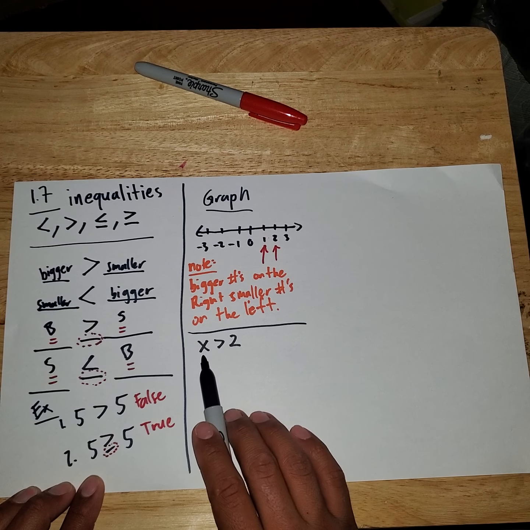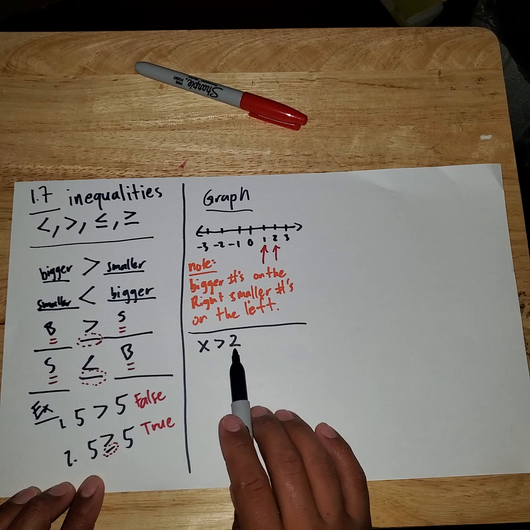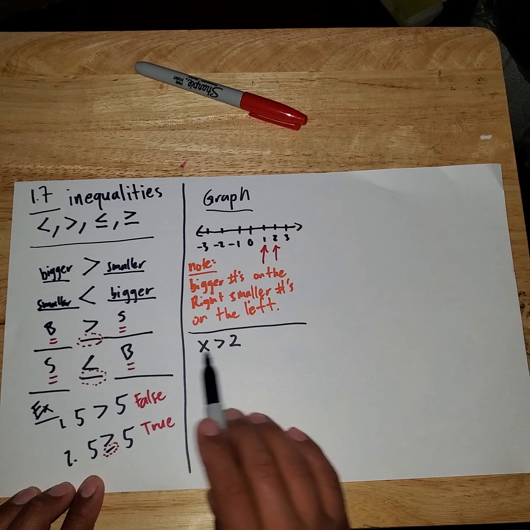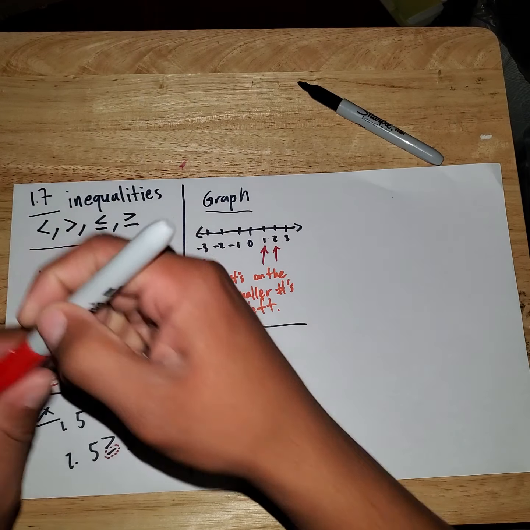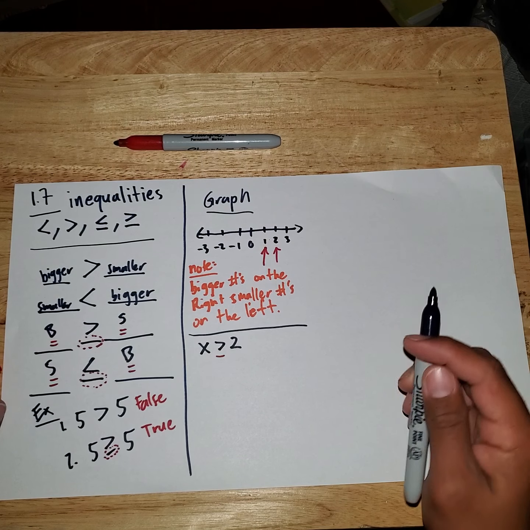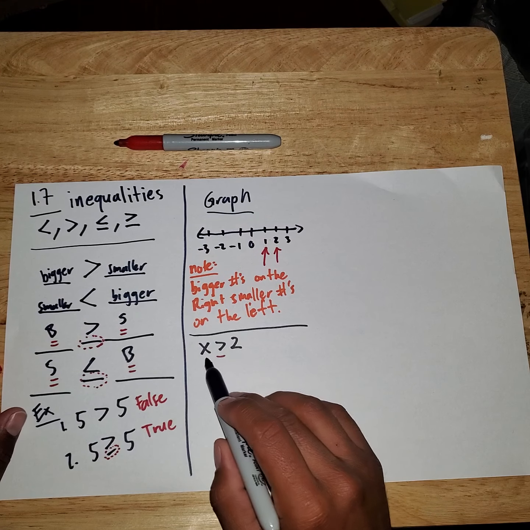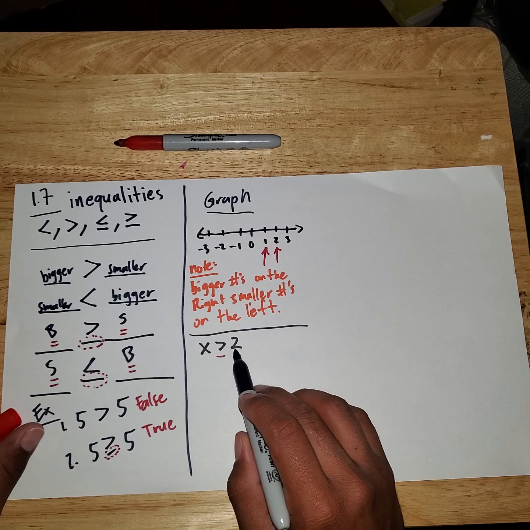So that means x are all the numbers that are bigger than 2. So remember, we're trying to satisfy this inequality. We're trying to make sure this inequality is true. So the way to make that true is all the numbers that are bigger than 2.